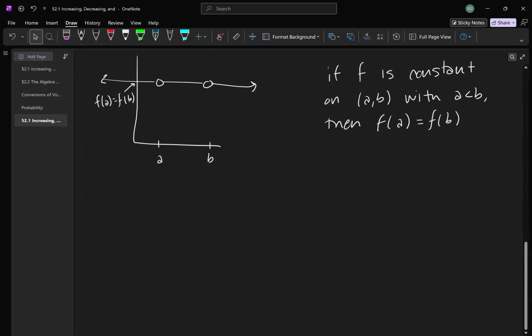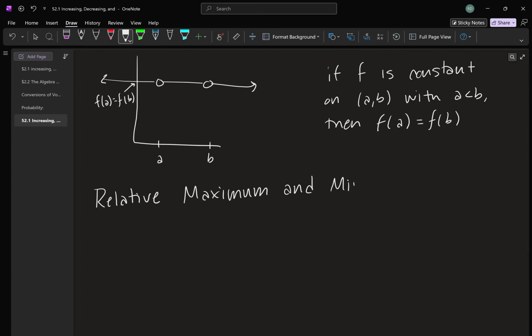When we're talking about increasing and decreasing, it's also important to talk about relative maximum and minimum values. Suppose C is in the domain of f.